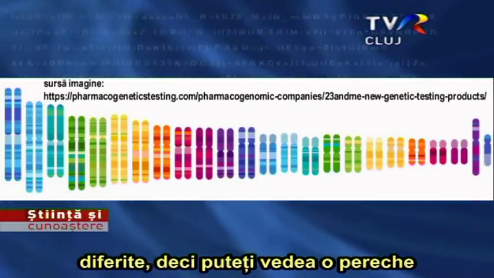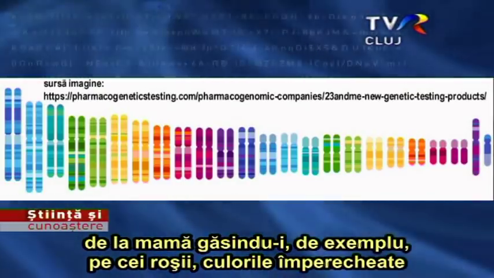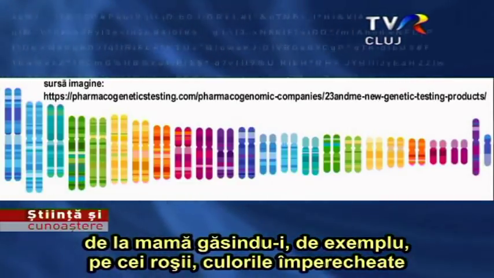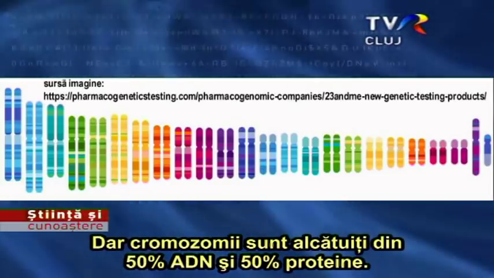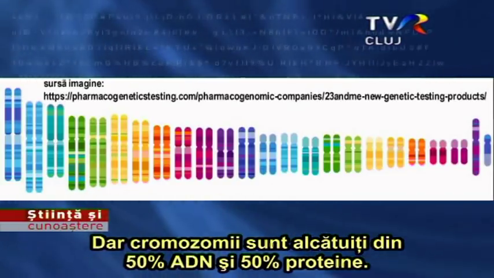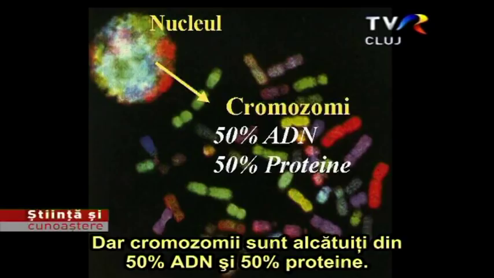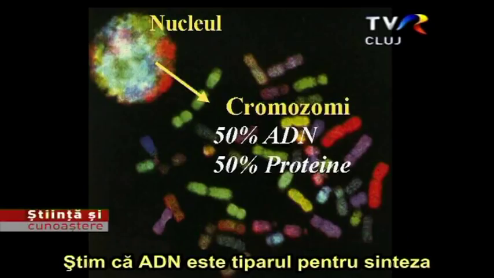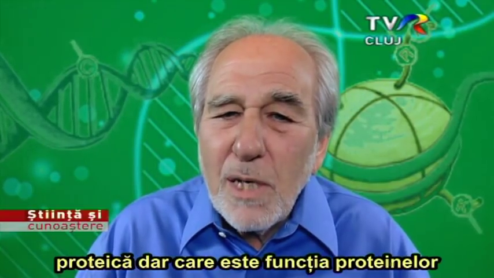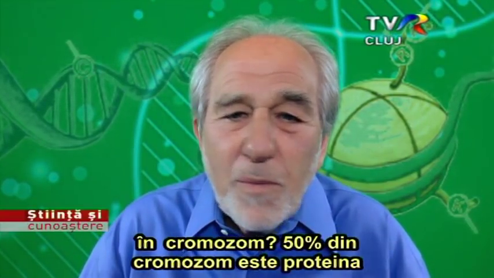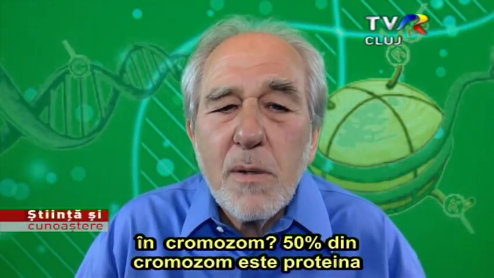So you can see a pair from the mother by finding the two red ones or two matching colors. They represent one chromosome from the mother and one from the father. But the chromosomes are made out of 50% DNA and 50% protein. Well, we know the DNA is the blueprint to make the proteins, but what is the protein function in the chromosome? 50% of the chromosome is protein.